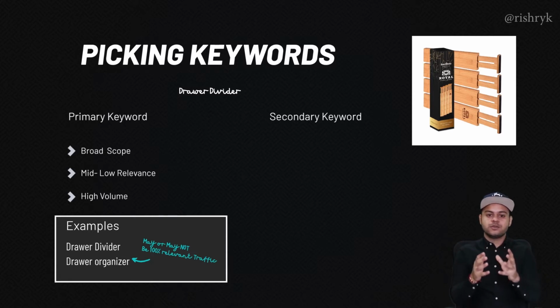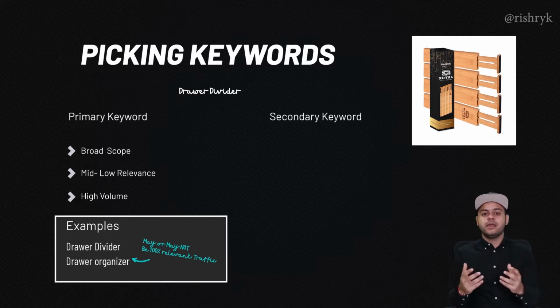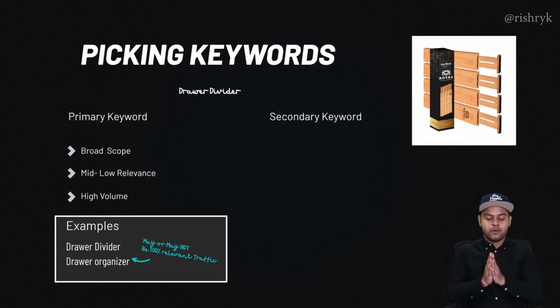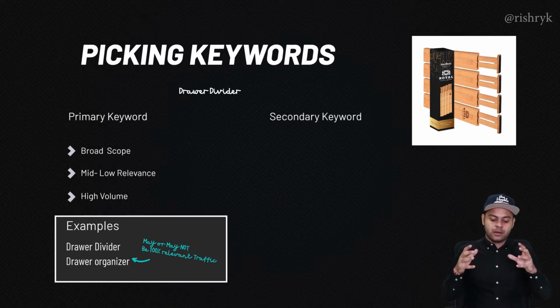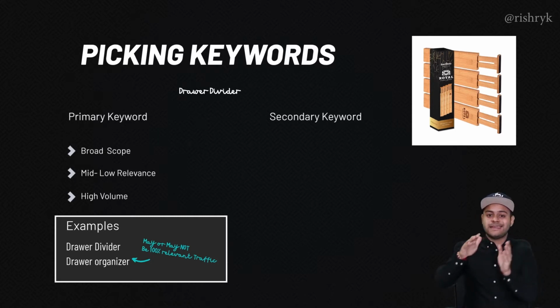So you will see all those sorts of products when you search for drawer dividers or drawer organizers. But these are the keywords which will get you the most amount of impressions when you're running your ad on Amazon. Therefore, I consider these keywords as primary keywords, and when we are picking up the keywords in the next slide, we are going to be distributing our keywords between primary and secondary keywords.